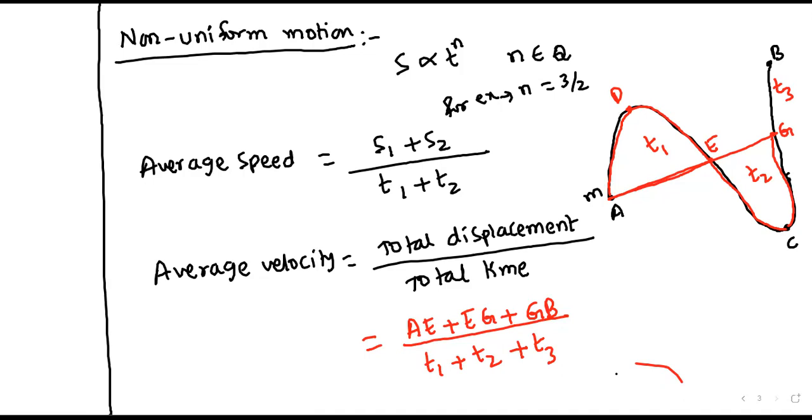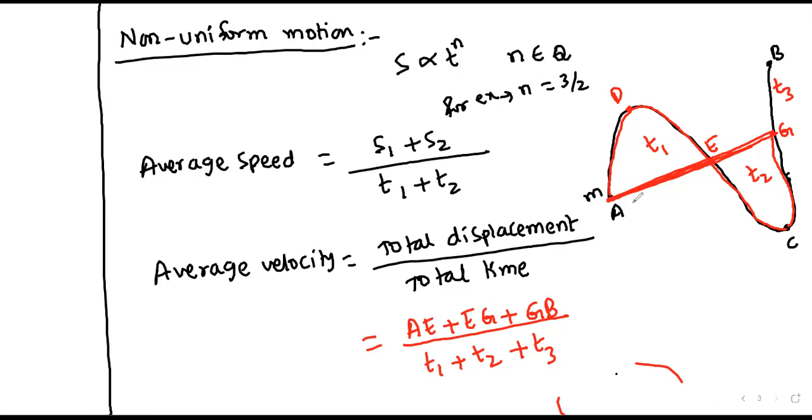But total displacement, here why I consider the straight line means along this, this is the shortest path. AG plus GB, it is the shortest path. Okay, fine.